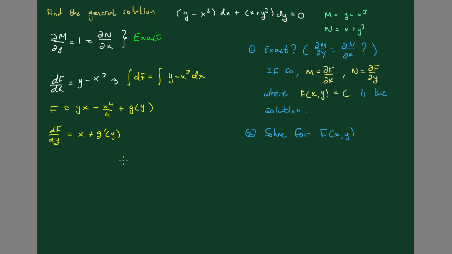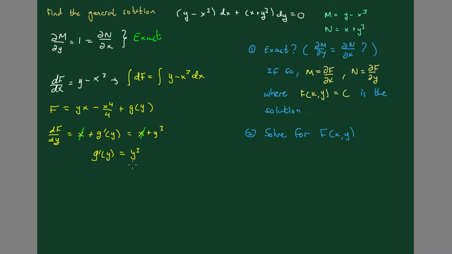So this function over here must be equal to N, where N is x plus y cubed. So we have x plus y cubed. Okay, so after x and x cancel out over here, this implies that g prime of y is equal to y cubed.